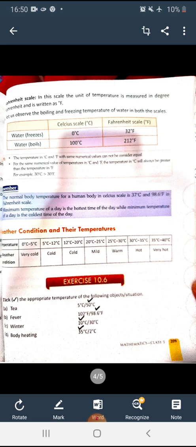Second one is fever, 102 degree F or 98.6 degree, that is 98.6 degree Fahrenheit. Winter, 10 degree or 30 degree, 30 degree is very hot, 10 degrees Celsius is in winter. Body heating, 35, heating means very hot, that is 35 degrees Celsius. Question number 2, read the temperature on these scales in degrees Celsius and fill in the blanks.